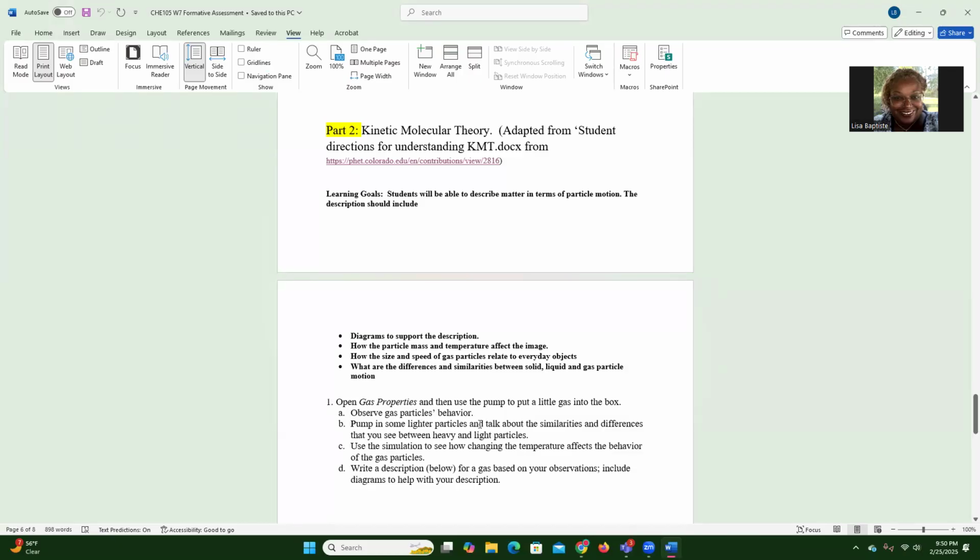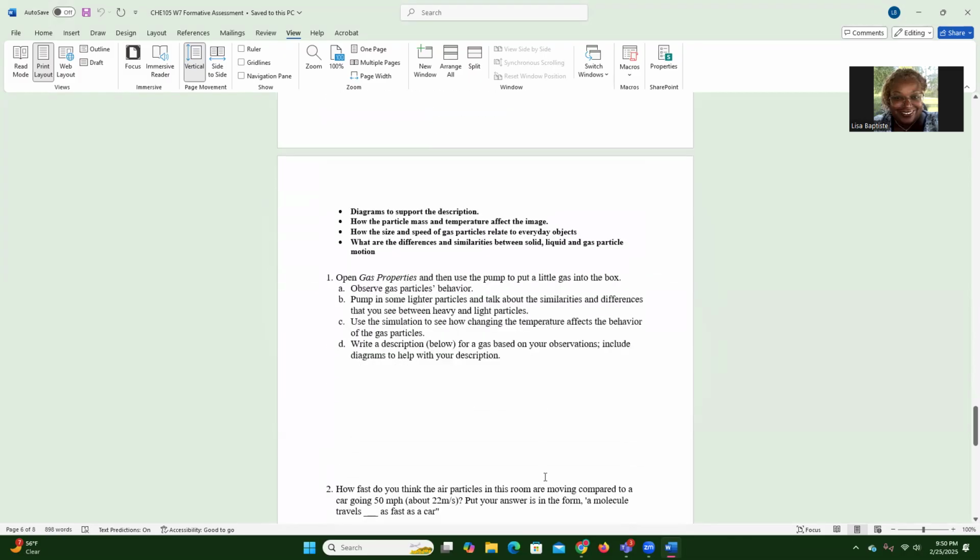Observe gas particle behavior. Pump in some lighter particles and talk about similarities and differences between heavy and lighter particles. Use a simulation to see how changing the temperature affects the behavior of the gas particles, and write a description for a gas based on your observations. Okay, so we can do that with the first simulation.